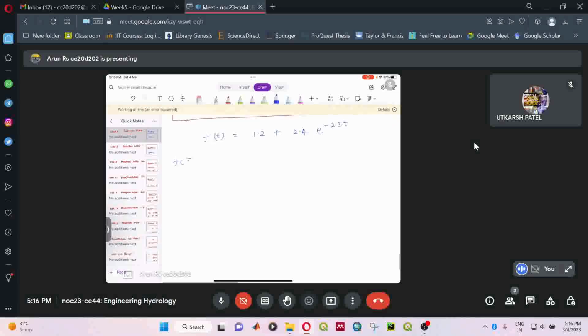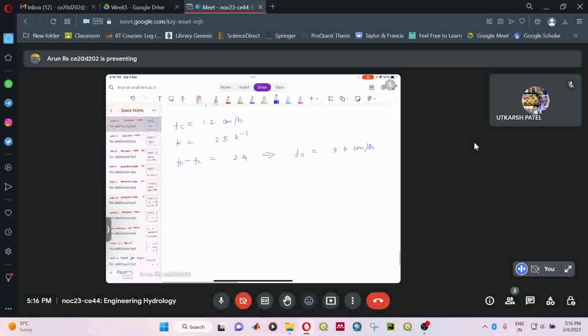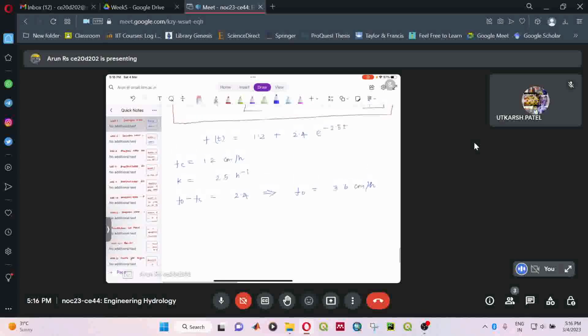So your fc is equal to 1.2 centimeter per hour, k is equal to 2.5 per hour, and f naught minus fc is equal to 2.4. From this we can find out f naught. F naught will be equal to 3.6 centimeter per hour. So these are the parameters.